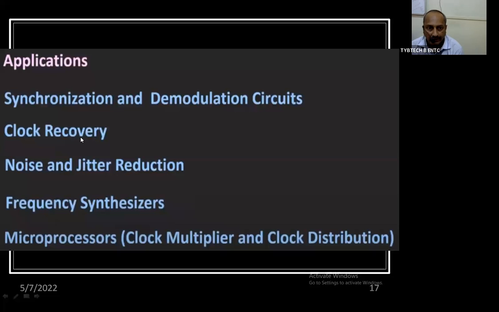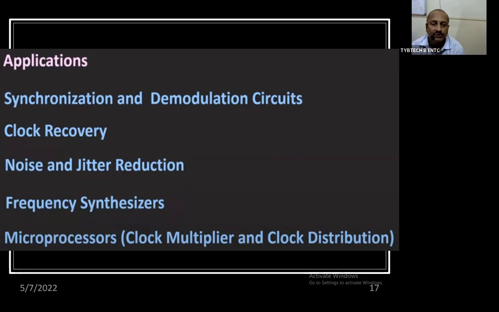Then the clock recovery. That is the main purpose of this PLL system. Clock recovery means if the original input clock is 50 hertz, and due to some parameters it gets fluctuation, then to get the exact 50 hertz at the output, this PLL system can be used. How? By using the VCO frequency.